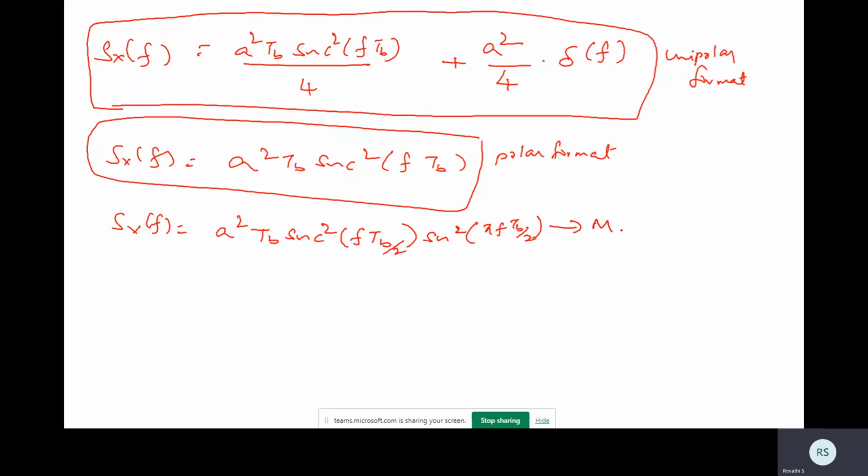And for quaternary format, it is 10 A square Tb sinc square of 2 f Tb.